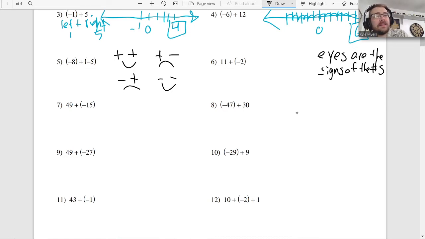The face is whether you add or subtract. Whoops, forgot to add the right amount of D's. Get rid of that extra D there.